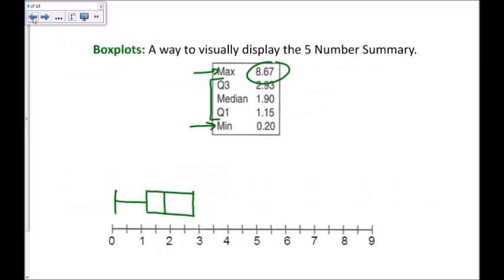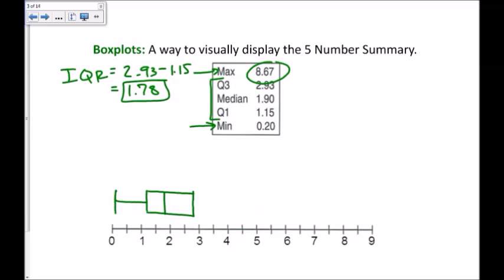Okay, let's go back to our box plot. Let's first find the IQR. The IQR is 2.93 minus 1.15, which is 1.78.